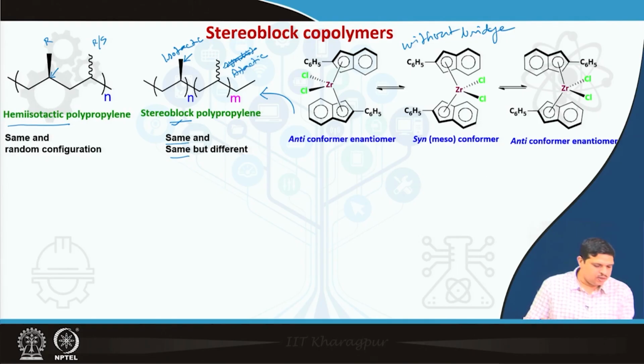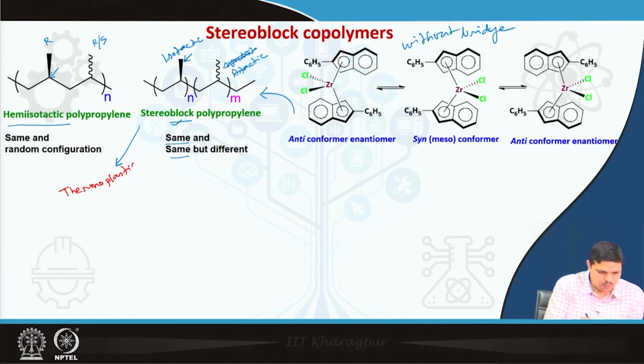Stereo block polymers are interesting for some applications, because this one can actually be used as a thermoplastic elastomer.